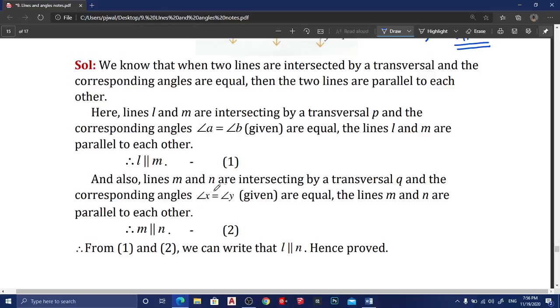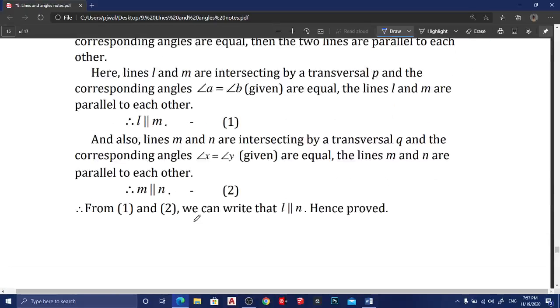Also, lines M and N are intersected by a transversal Q, and the corresponding angles X and Y are equal, therefore M is parallel to N. From 1 and 2 you can write that L is parallel to N. Hence it is proved. Simple.